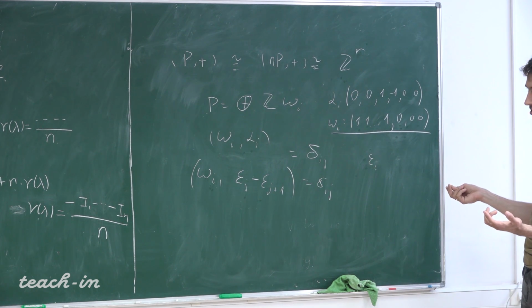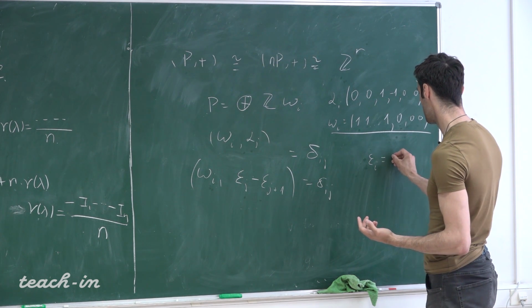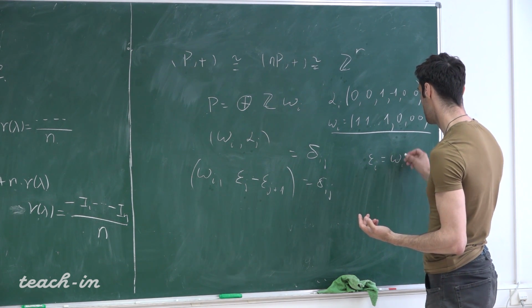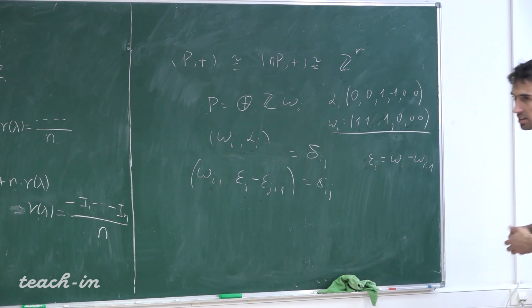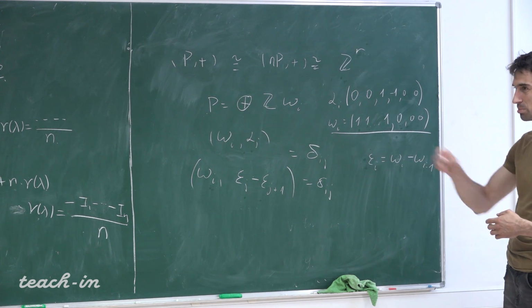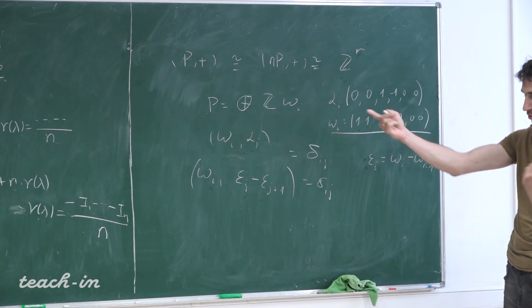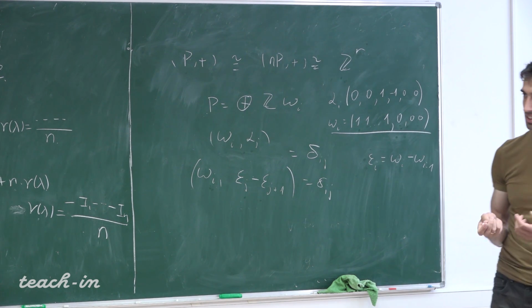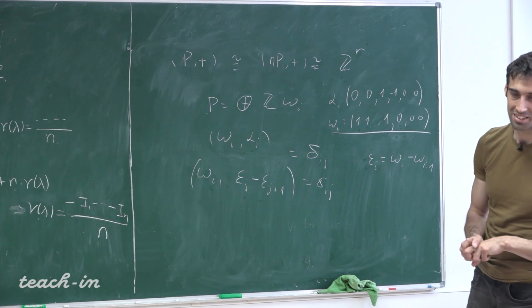You can, of course, because, for example, epsilon i is omega i minus omega i minus 1. So integer coefficients. So this is another basis for P. Since this was a basis, this is another basis. And therefore e to the epsilon i degenerate.